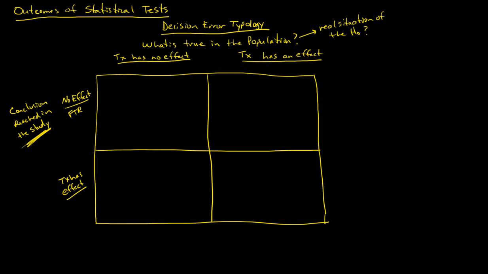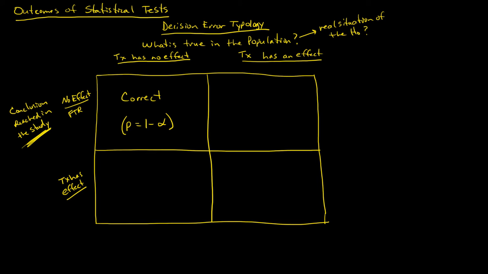And if there's no effect in the actual population, then you have made a correct decision. The probability of this decision is equal to 1 minus the alpha level that you set. Okay? Just hang in there with me.